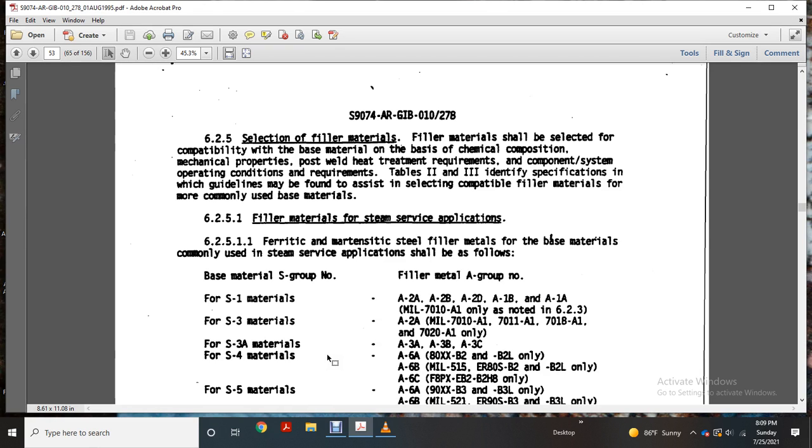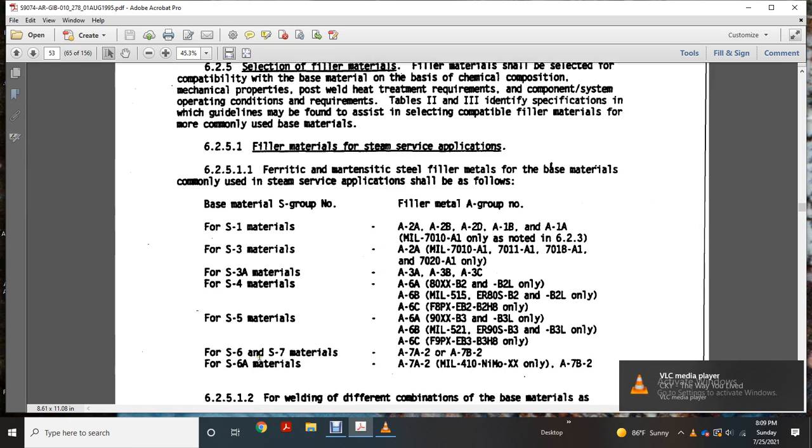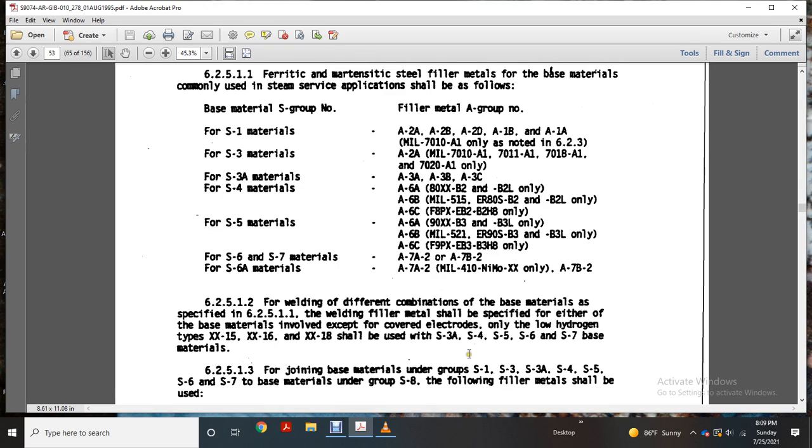S4 materials, A6A, A6B, A6C. S5F materials, A6A, A6B, A6C. S6 and S7 materials, A7A2, A7B2, S6A, A7A2, and A7B2.